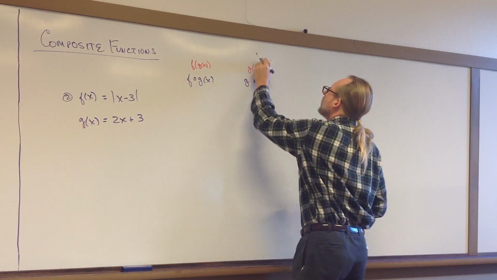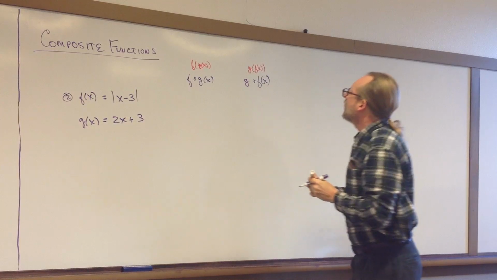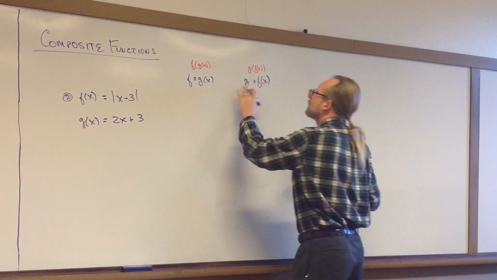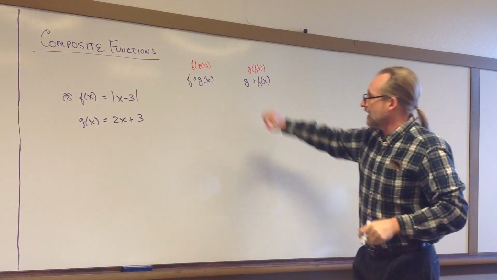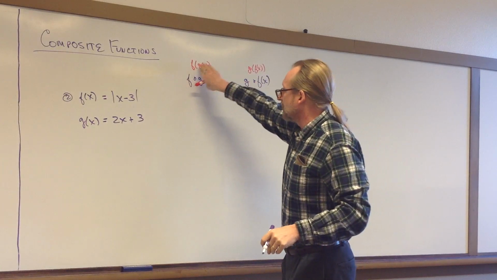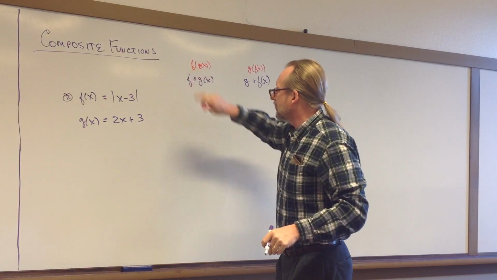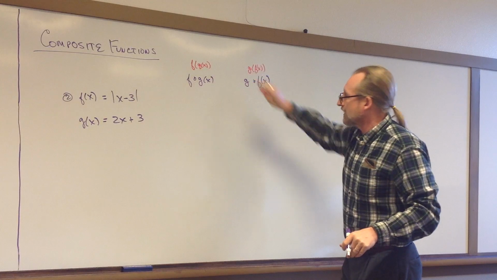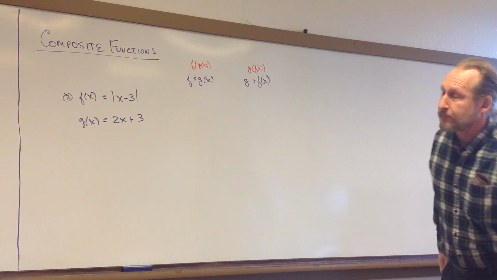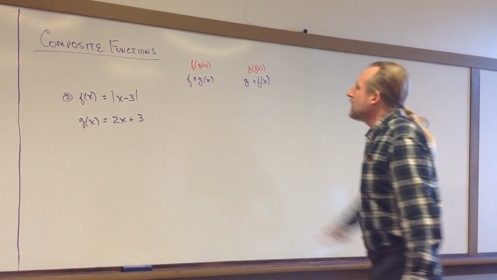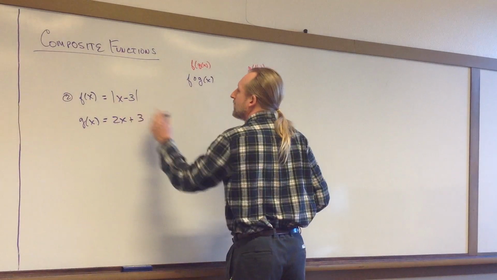So in both notations, whatever's to the right gets plugged into whatever's to the left, right? This is inside the parentheses, but it is to the right there. This is going to get plugged into f. Here, the f is going to get plugged into g.